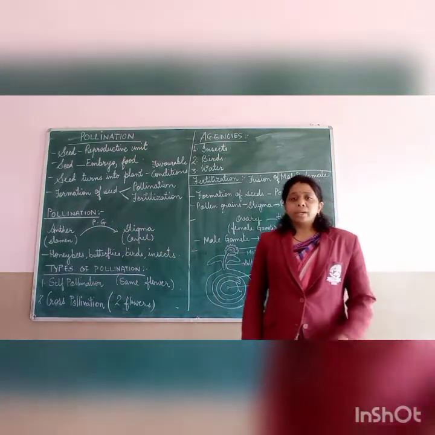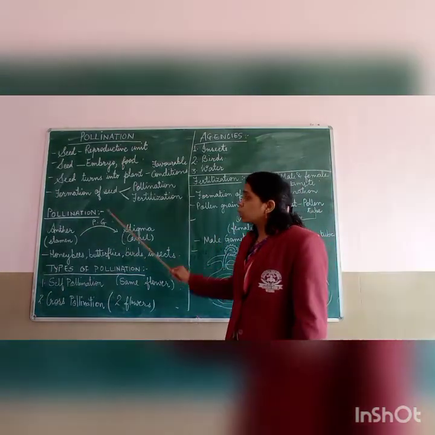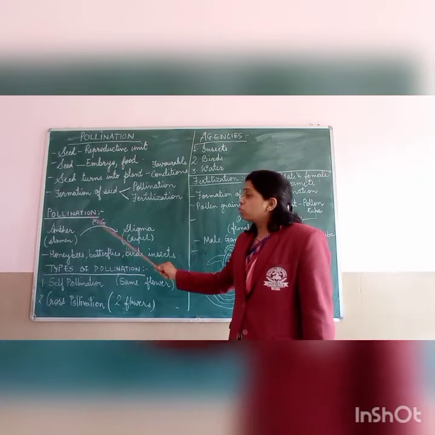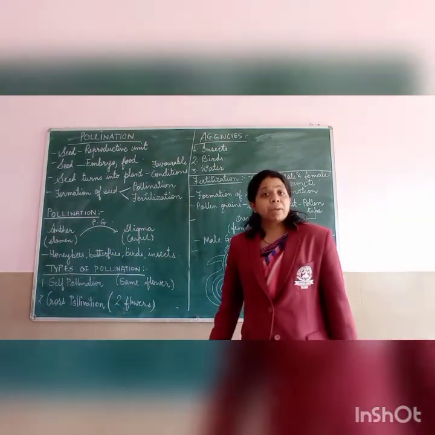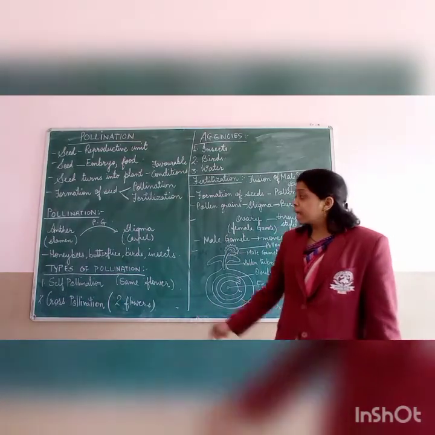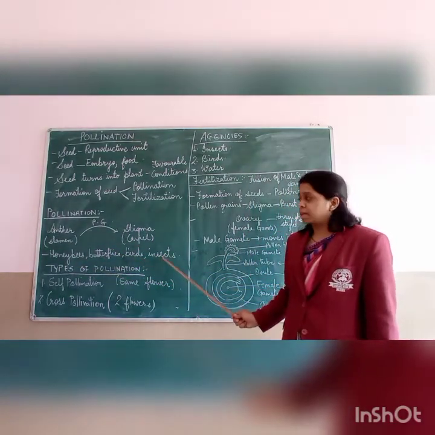You know that plants cannot move by themselves. So how will the pollen grains get transferred from anthers to stigma? They will be transferred by agents like honeybees, butterflies, birds and insects.